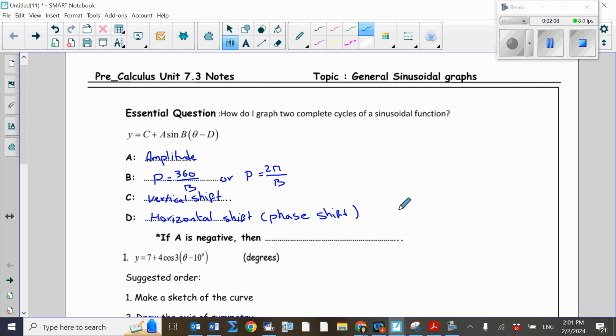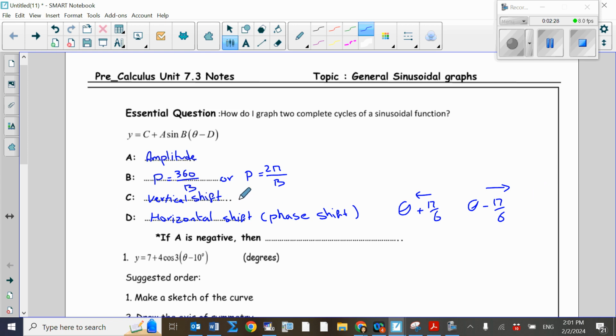That means if you're adding a number, let's say pi over 6, to your theta, this is going to move your function to the left. But if you are subtracting, it's going to move your function to the right. So this is left, this is right.